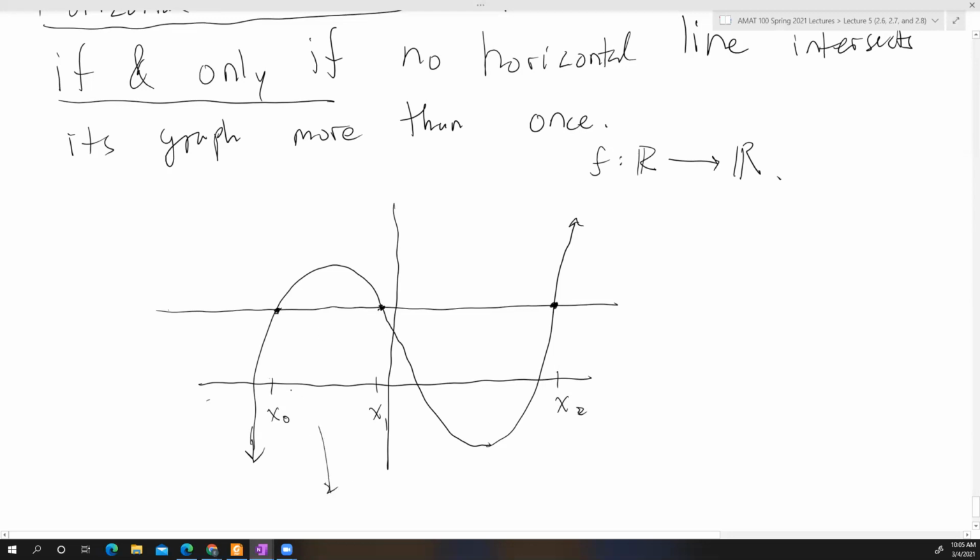Why? Well, if you look at these points on the x-axis, this is the domain right here, the x-axis. Those clearly are not the same point. But if you look at the y-coordinate of their output, they are the same. They're at the same height, right? Now, they're not the same point in the coordinate plane, but they are the same point along the y-axis.